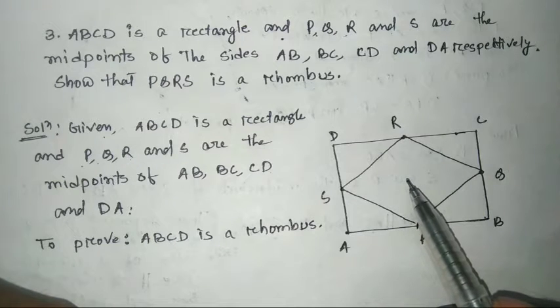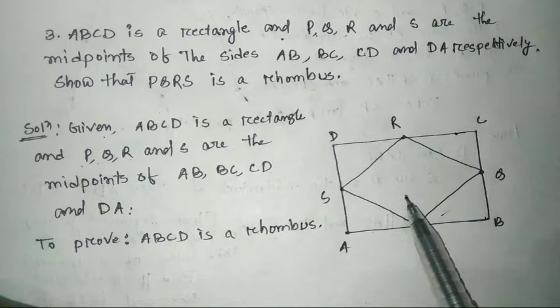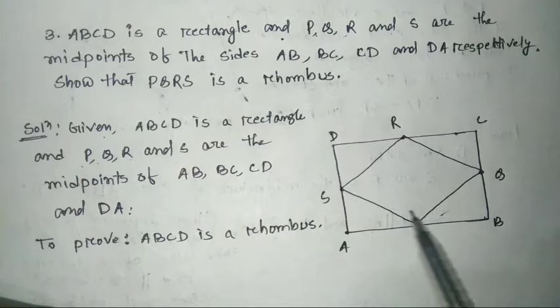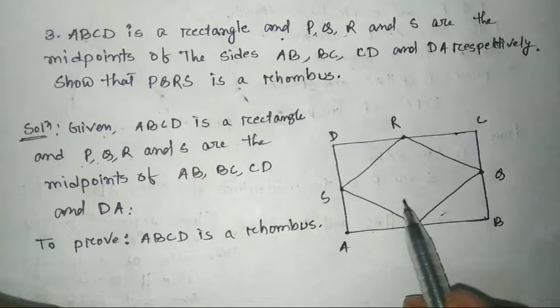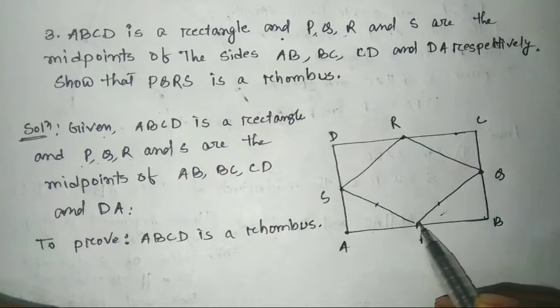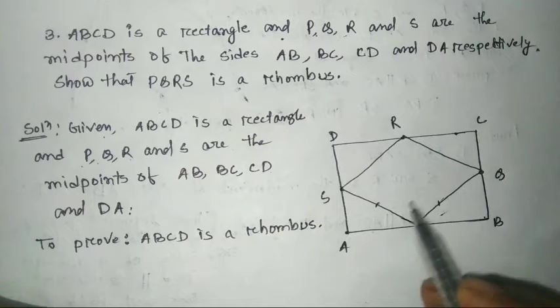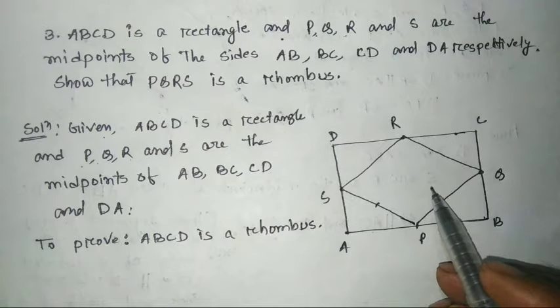A rhombus is a parallelogram in which all the sides are equal. Or you can say a rhombus is a parallelogram in which one pair of adjacent sides are equal, not opposite sides, adjacent. When adjacent sides become equal in a parallelogram, then all the sides become automatically equal.